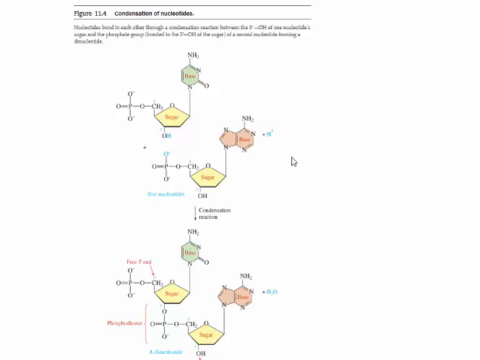Its 3' hydroxyl is going to react with the phosphate group of the next nucleotide in the sequence. So there has to be a little bit of acid present, and that acid is going to become part of the water molecule that is released during the condensation reaction.